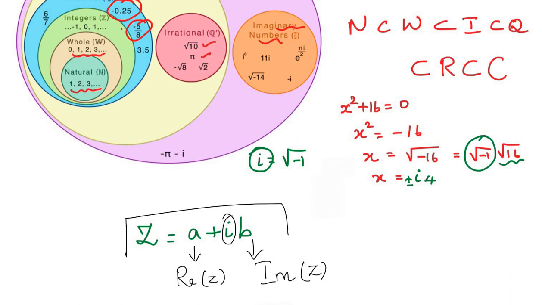So z is equal to a plus ib is a complex number consisting of both the real and the imaginary part.